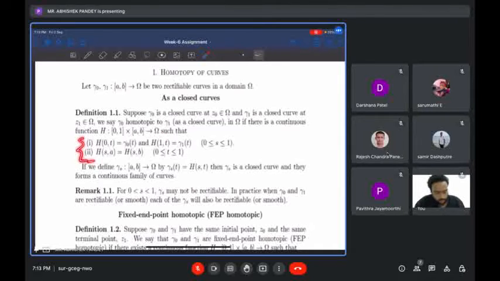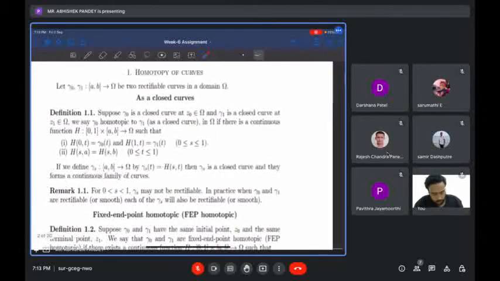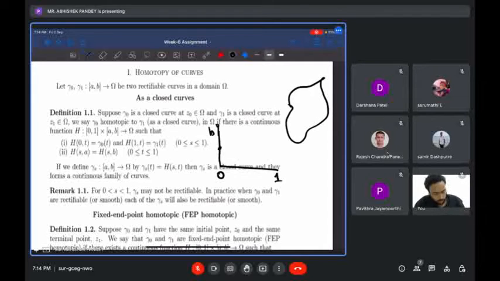Okay, so what this means is, wait, let me just draw it. Here you have 0 and 1, and somewhere a and b, and at z naught you have a closed curve, and at z1 you have some closed curve.